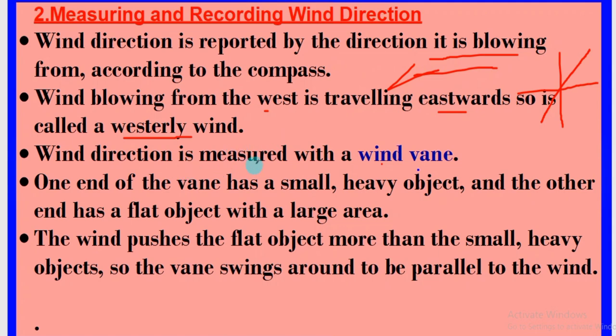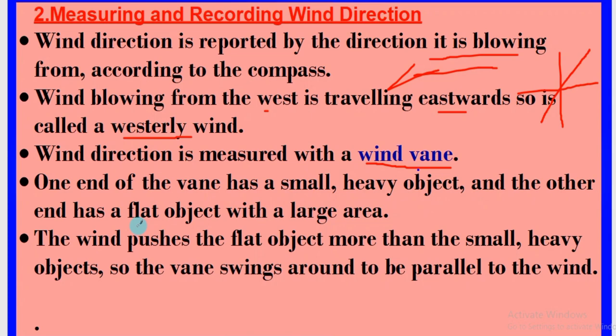Wind direction is measured with a wind vane. A wind vane is an instrument used to measure wind direction. One end of the vane has a small, heavy object, and the other end is flat with a large area.